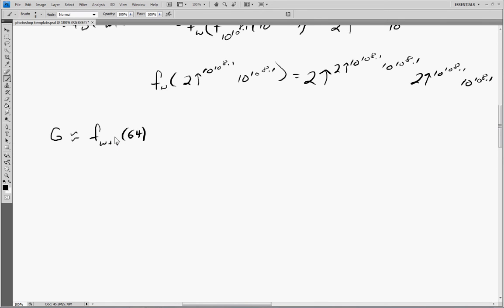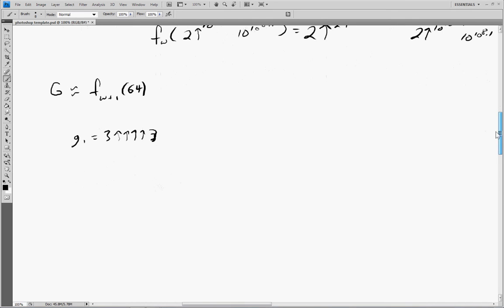Now, if you kind of want to know the rationale behind this, think of Graham's number before. It started out as G1 is equal to 3, quadruple up arrow 3. And G2 was equal to 3 with G1 arrows. But instead of writing G1, let's keep it in this format here. So we have an up arrow, and then we just write this out again. 3, 4, and so on. And then each time we write one of these, we're keeping the original one.